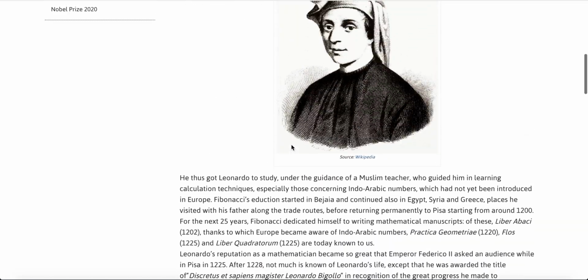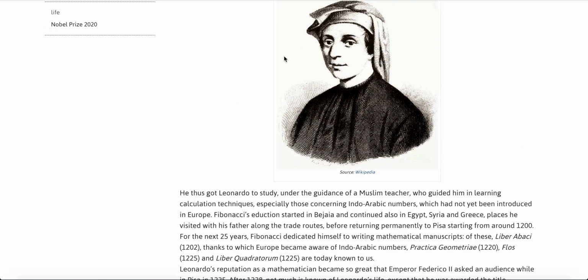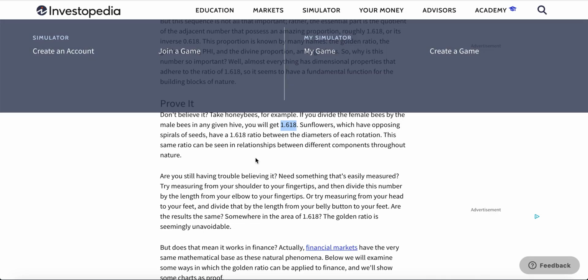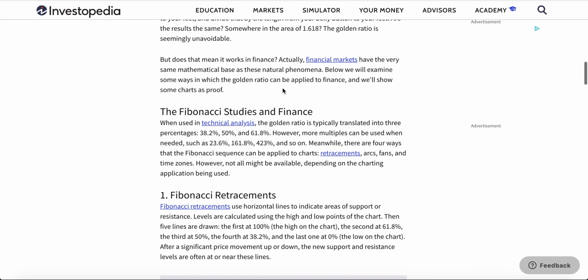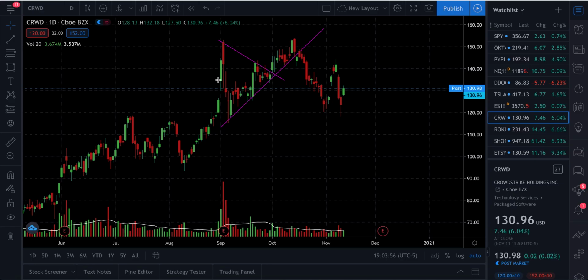So a lot of things found in nature follow a Fibonacci sequence, and that's exactly why, I think, in financial systems they also found that the Fibonacci ratios act as strong support and resistance. That's why it's important. So let's get started, not with what Fibonacci is, but how to use it. Let's get to the chart.